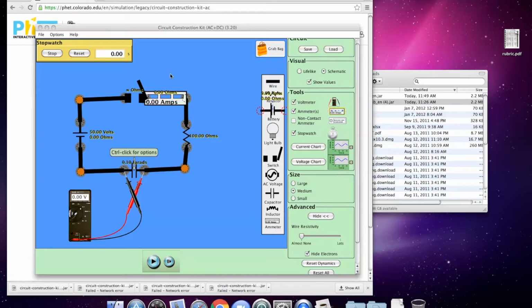On the right side, I have a 100 ohm resistor, and then at the bottom, I have a 0.10 farad capacitor. You'll notice that right now I have a voltmeter on that capacitor. Across that capacitor, it has been charged by 0 volts because, again, the circuit is open right now.